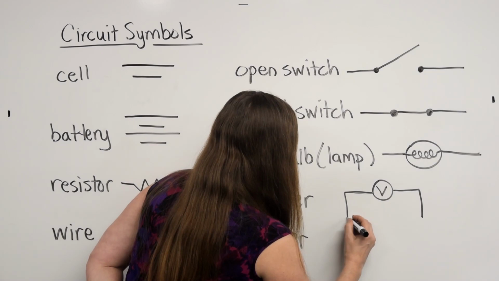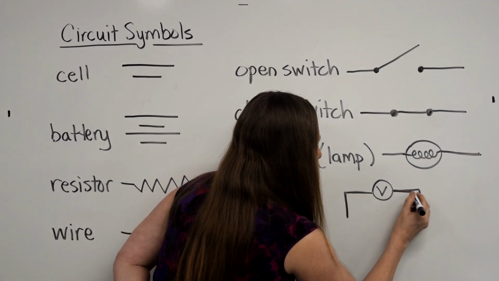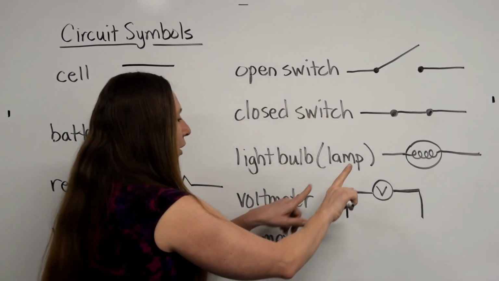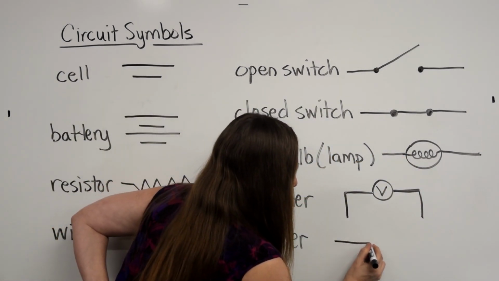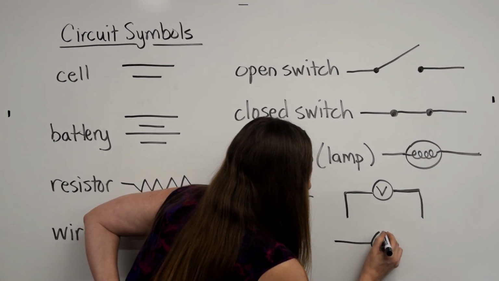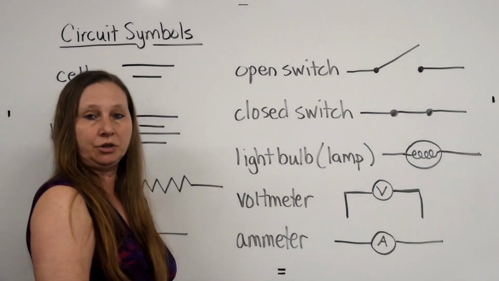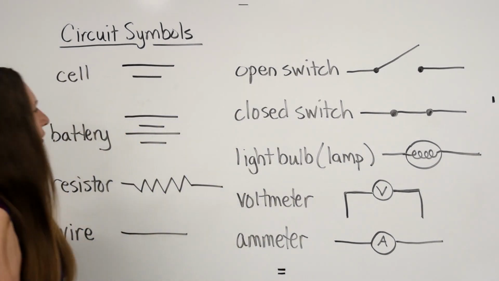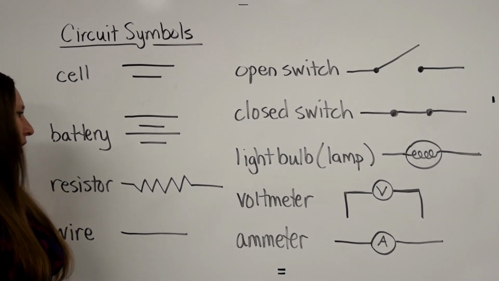Now the ammeter is a circle in a straight line, in series with what it's measuring.